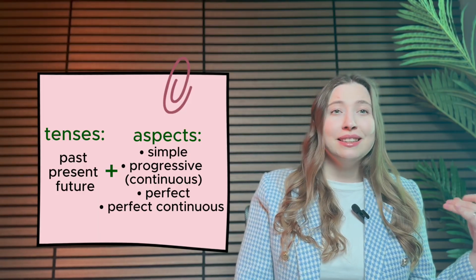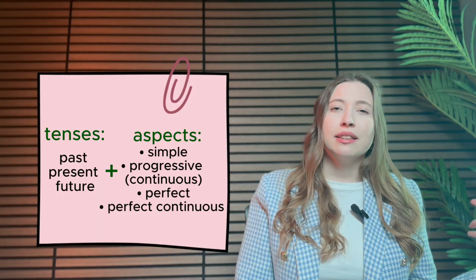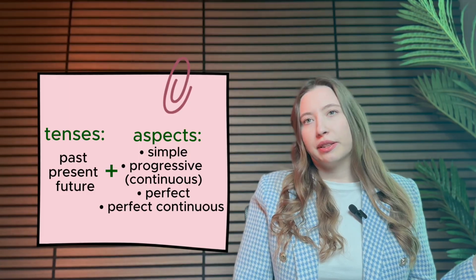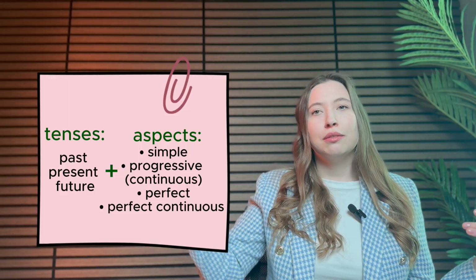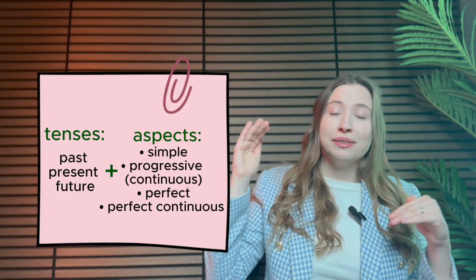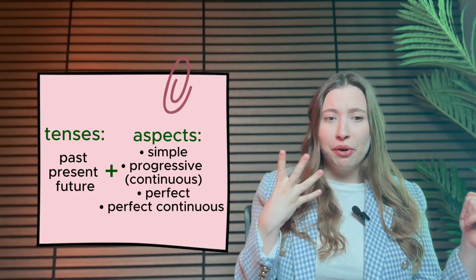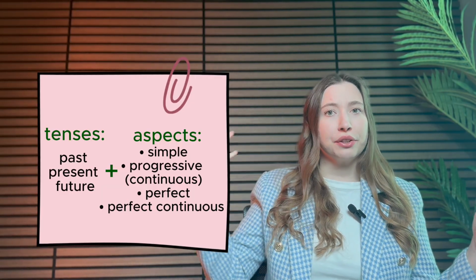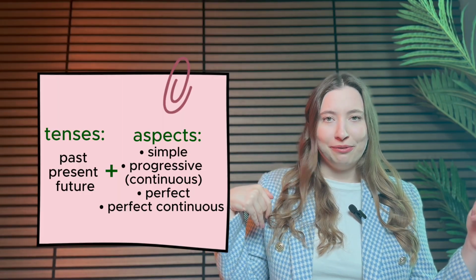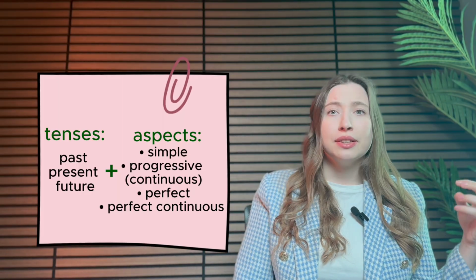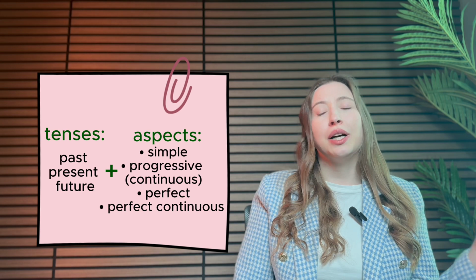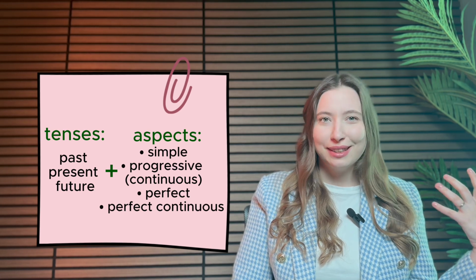So we combine tense and aspects to create specific verb forms. For example, present plus simple: present simple. So we have simple, continuous, perfect, perfect continuous. There are four of them, and then we multiply it by 3, future, present, past, and we get 12. These combinations are what many people refer to as 12 English tenses.